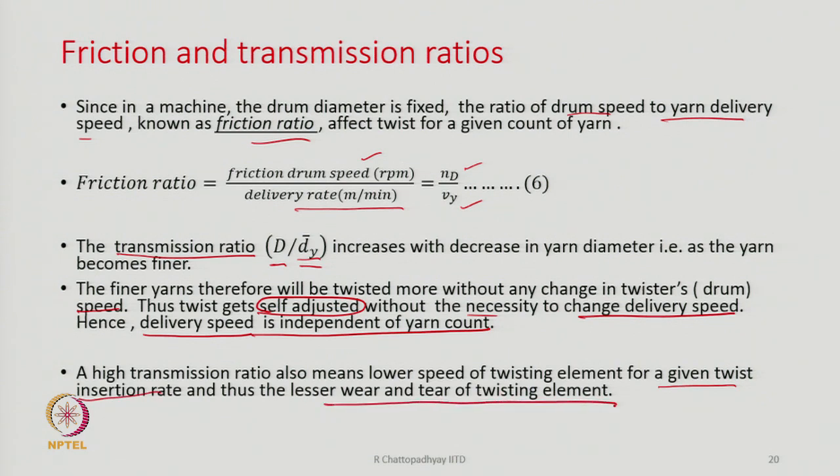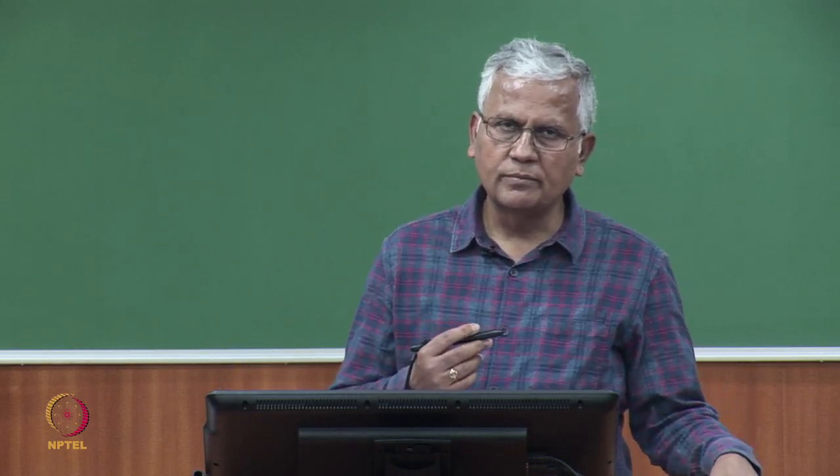We have already discussed that I need to rotate the drum at a speed of 2500, 3000, 4000 rpm, whereas we rotate a twister like a spindle in ring spinning at 15,000, 18,000 or 20,000 rpm.